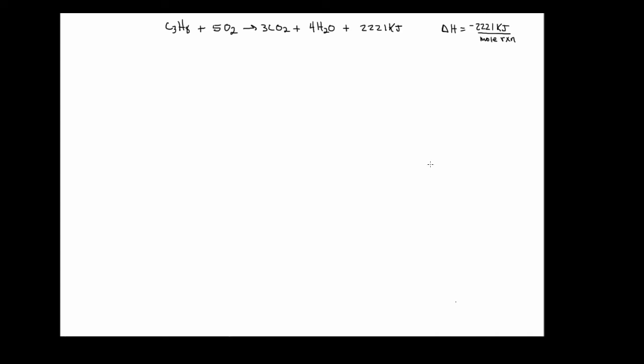What we're going to do in this video is start using a balanced chemical equation to do thermochemical calculations. For this particular reaction, we're combusting propane, a typical fuel used for barbecue grills.